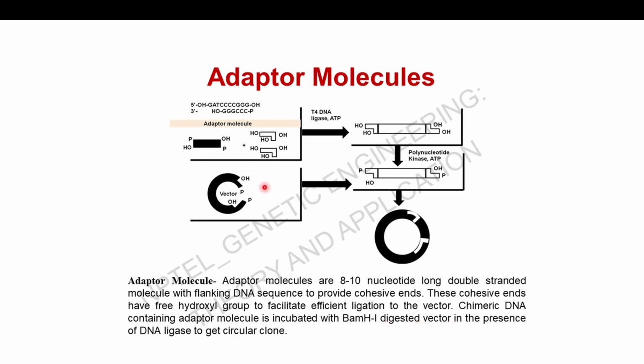In this example, it is BamH1, or it can be any other restriction enzyme that creates sticky ends, producing overhangs. It is incubated with BamH1 digested vector in the presence of DNA ligase to get a circular clone, this final product that we are talking about.